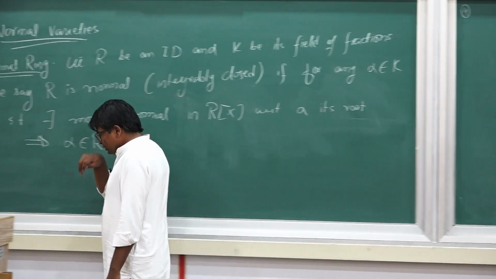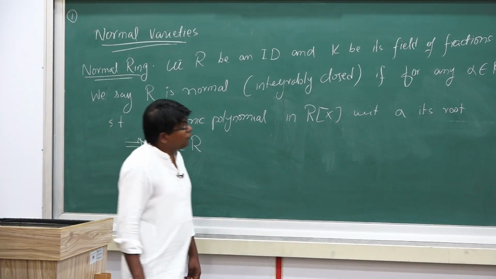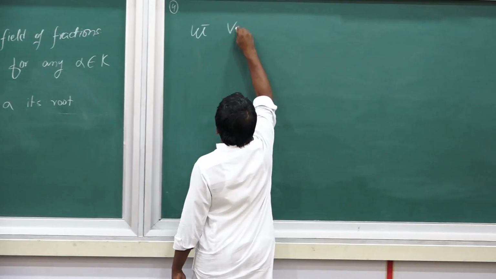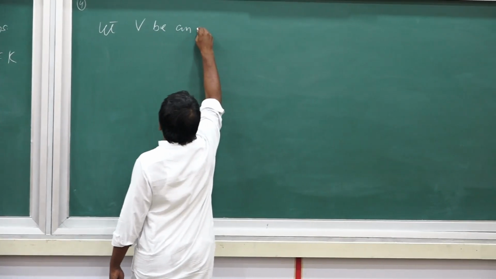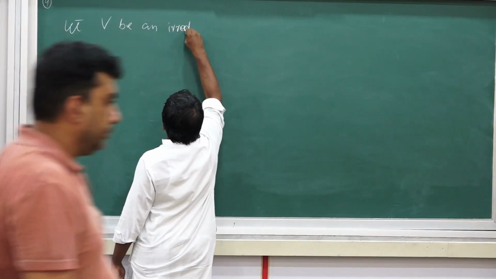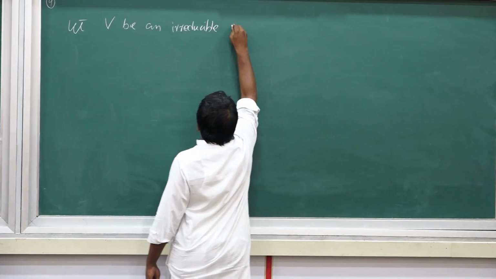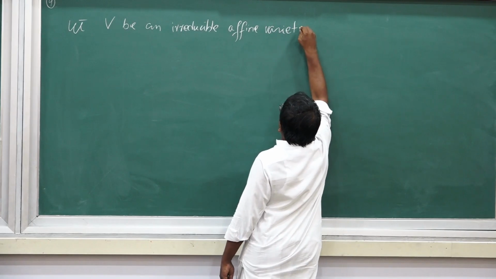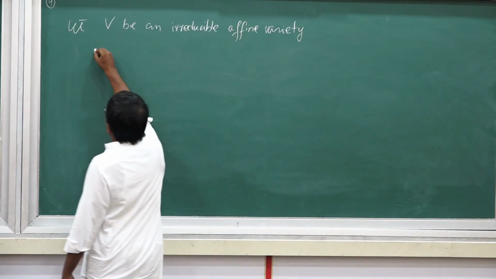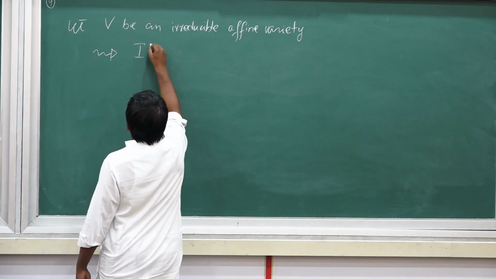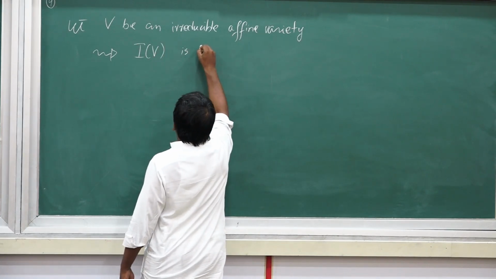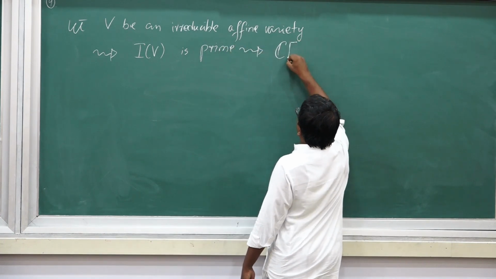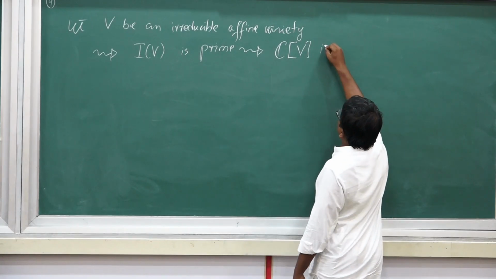So if we start with an irreducible affine variety V, then of course it means that the ideal corresponding to this variety is prime, and this in principle means that the coordinate ring corresponding to this variety is an integral domain.